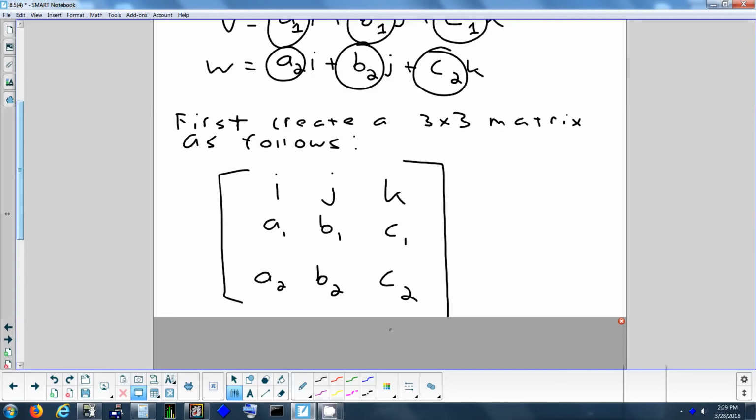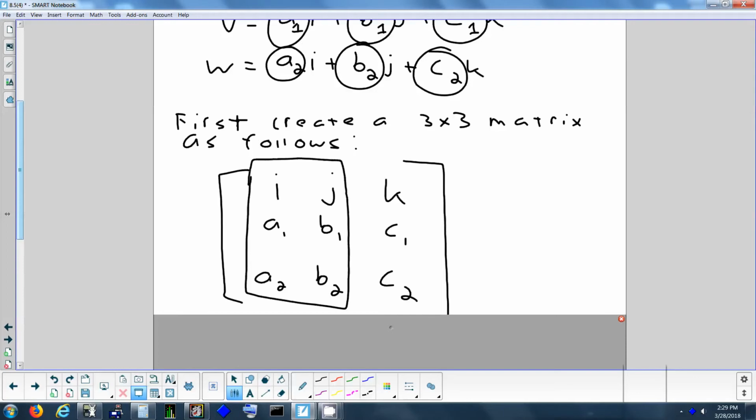The next thing we want to do is take these two columns. We're going to leave them where they are, but we're going to make an extra copy of them on the right. So copy columns 1 and 2 to the right of column 3.